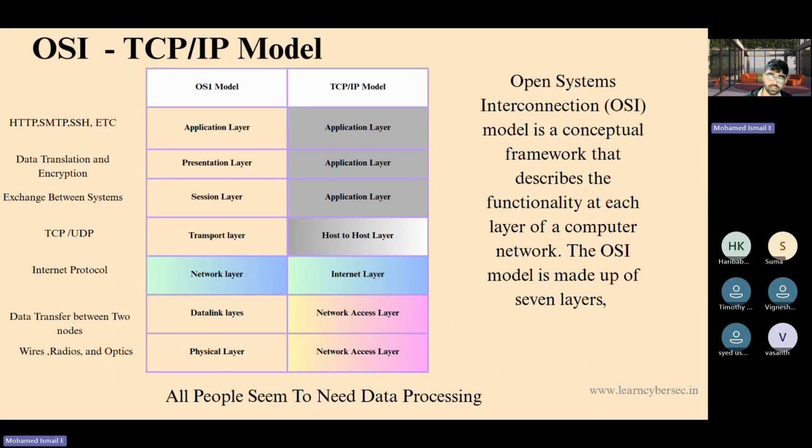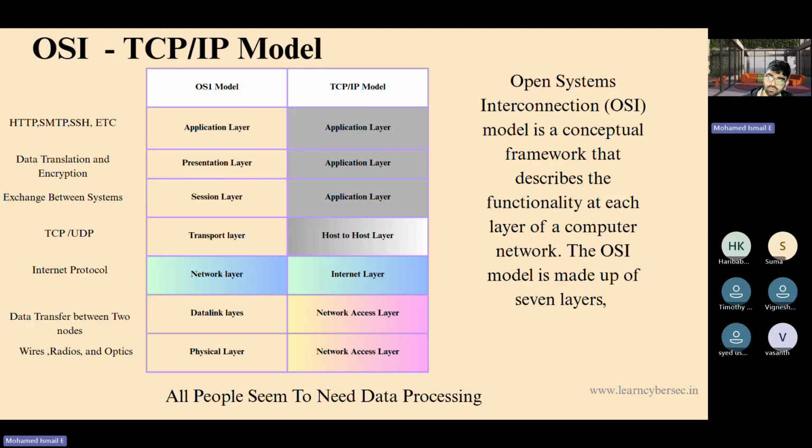Next key topic is the OSI model, and the OSI and TCP/IP models. Most computer networking students must be aware of the OSI model because you might have had computer networks as a subject in your college days. But if you are from a different stream and are learning the OSI model for the first time, I would suggest remembering all 7 layers in the OSI model: application, presentation, session, transport, network, data link, physical. To remember the 7 layers, there are multiple shortcuts. Remember the phrase: all people seem to need data processing.